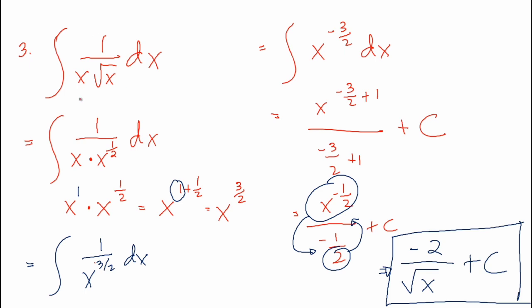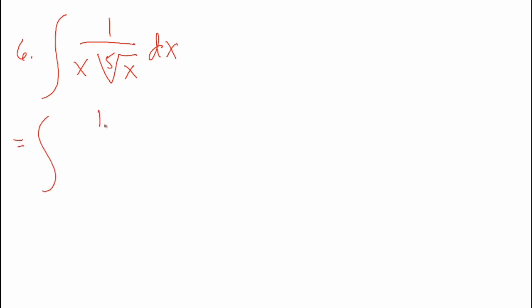Same with example number 3, that's x times the square root of x. In this case, it's x times the fifth root of x, wherein we can rewrite that as 1 over x times x raised to 1/5, because the fifth root is 1/5, dx. If we multiply the same bases, their exponents will add together.